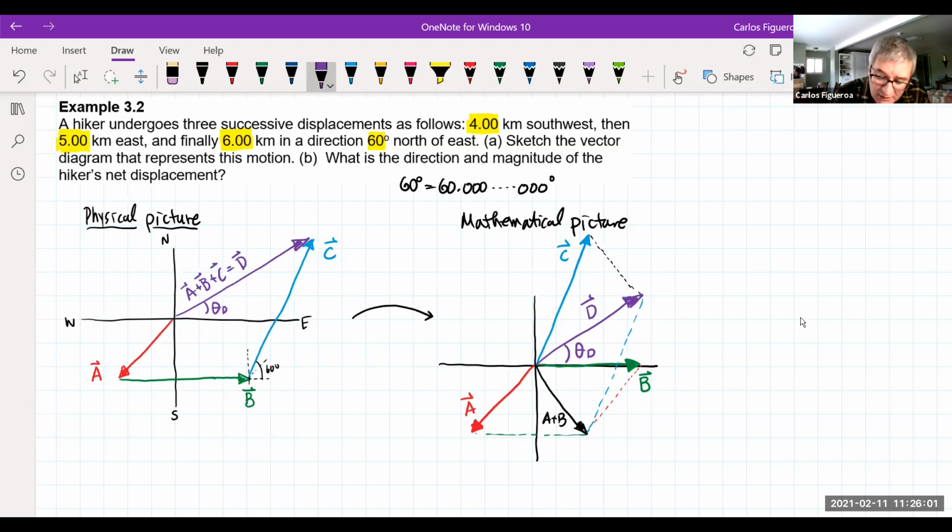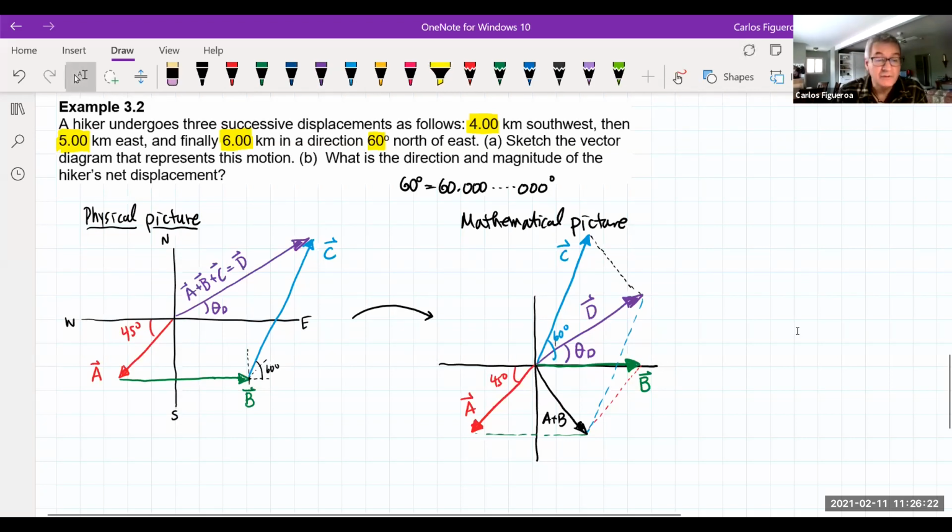The only thing we know is that this angle right here is 45 degrees, and this blue angle here is 60 degrees. So here we go, let's do it.